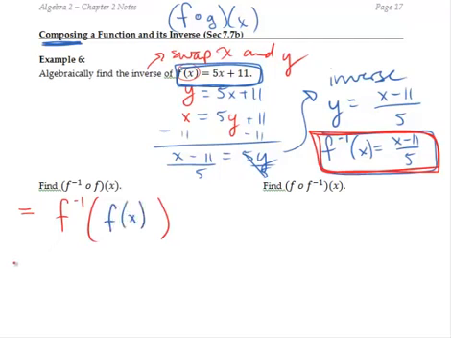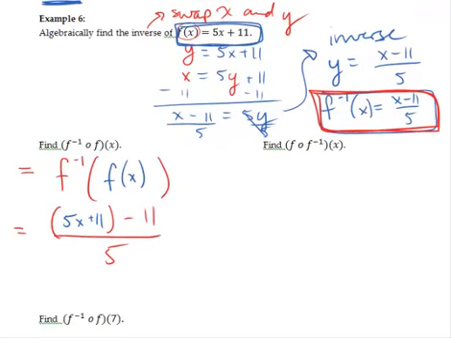So write your big function first, this one in red. In red we have x minus 11 over 5. That's the inverse, and into that we're going to input the original, and the original function is 5x plus 11.